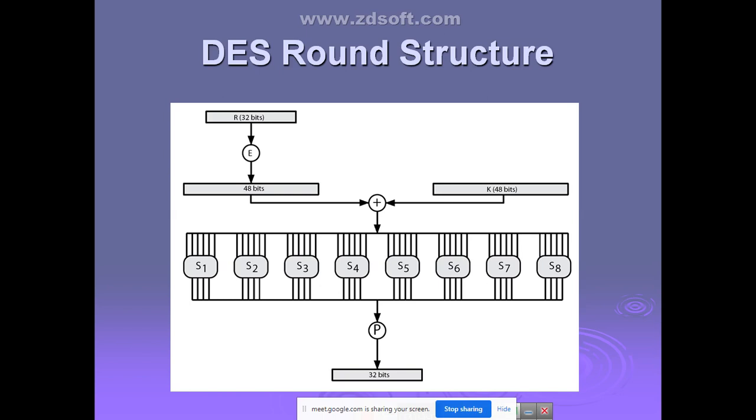Then the middle 4 bits are used to select one of the 16 columns. The cell selected by the row and the column gives a decimal value, which is converted into the 4-bit representation to produce the exact output.